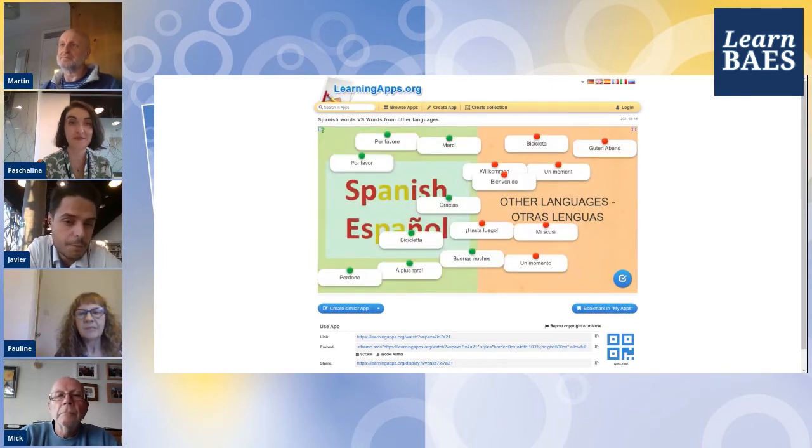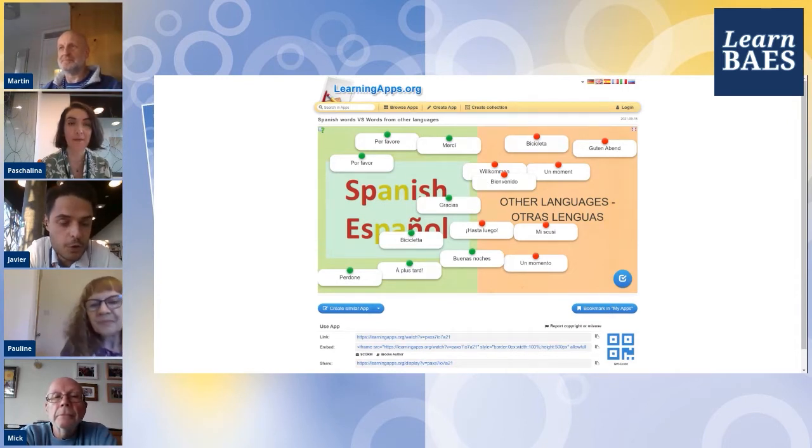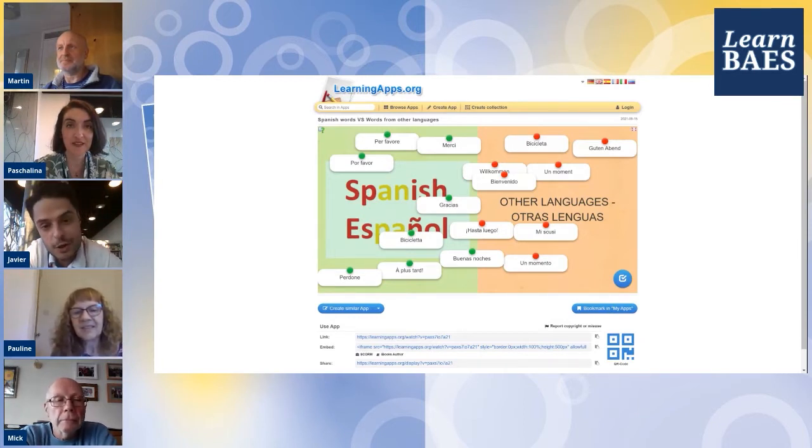We will be dragging them to the left if they belong to español, and dragging and dropping them to the right if they belong to otras lenguas, ¿vale? So, ¿está claro what we need to do? Sí. Perfecto. So, I'm just going to let you suggest which words should go towards the Spanish or which word should go towards the otras lenguas.